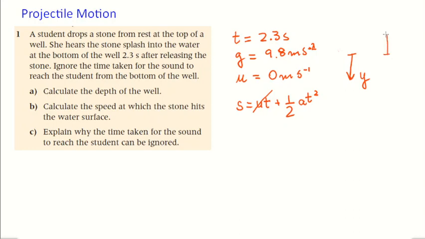If we choose our frame of reference upwards, gravity will be negative and our displacement will also be negative. That's not what I'm going to do. I'm going to choose it downwards, so let's keep it downwards. You can choose whichever you like.